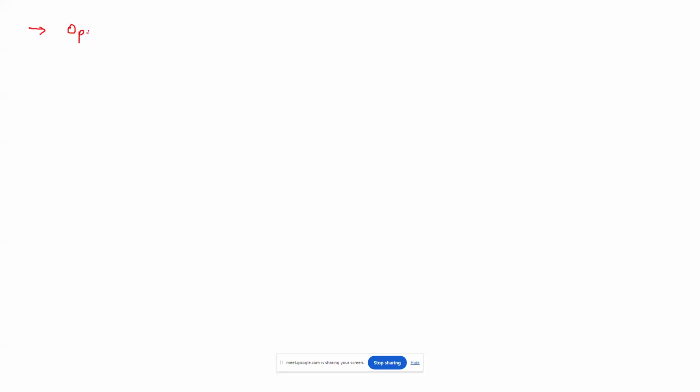Number one is the open circuit test. Short circuit test of transformer.